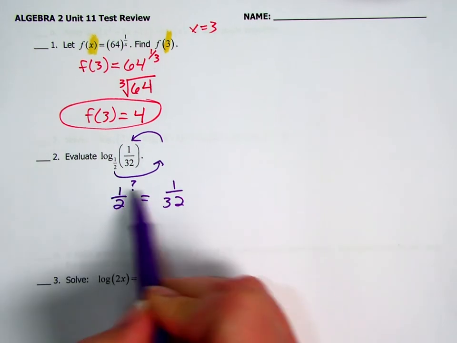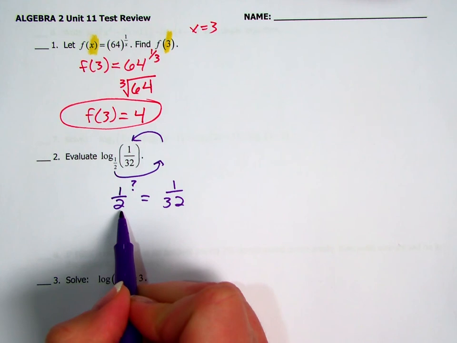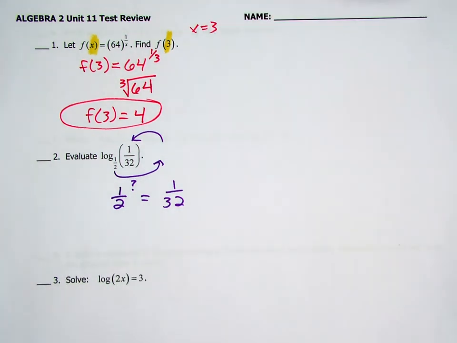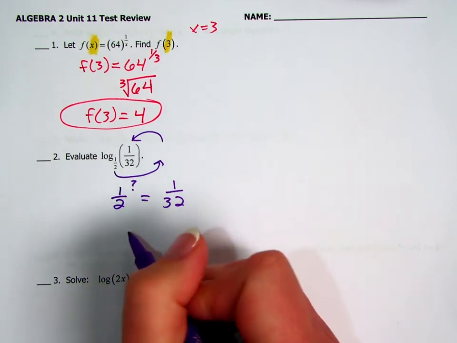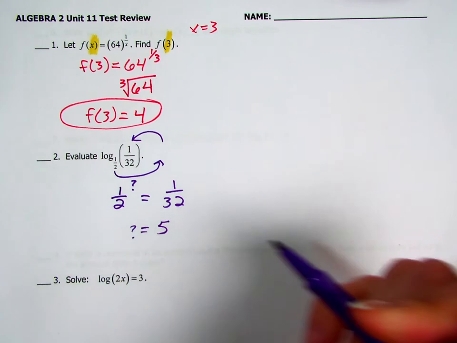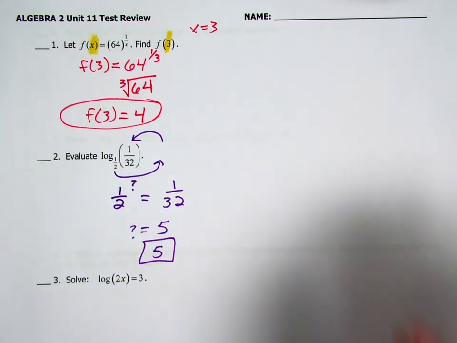All right, well, since my numerators are the same, all I really have to worry about is my denominator here. So does 2 to some power give me 32? Well, 2 times 2 is 4, times 2 is 8, times 2 is 16, times 2 is 32. So my question mark is really 5 because it took me 2 to the 5th power to get there. So 5 should be your final answer.